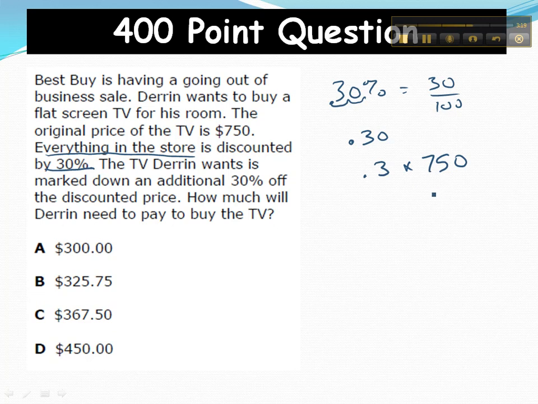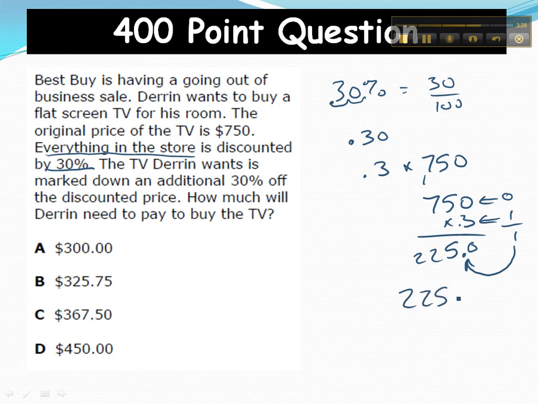We're multiplying by a decimal, we ignore the decimal, so it's like 750 times 3. Deal with the decimal at the end. 0 times 3 is 0, 5 times 3 is 15, carry the 1. 7 times 3 is 21, plus 1 is 22. We have 0 decimal places here, 1 decimal place in this factor, so 1 decimal place in our product. So $225 comes off that original price of $750.